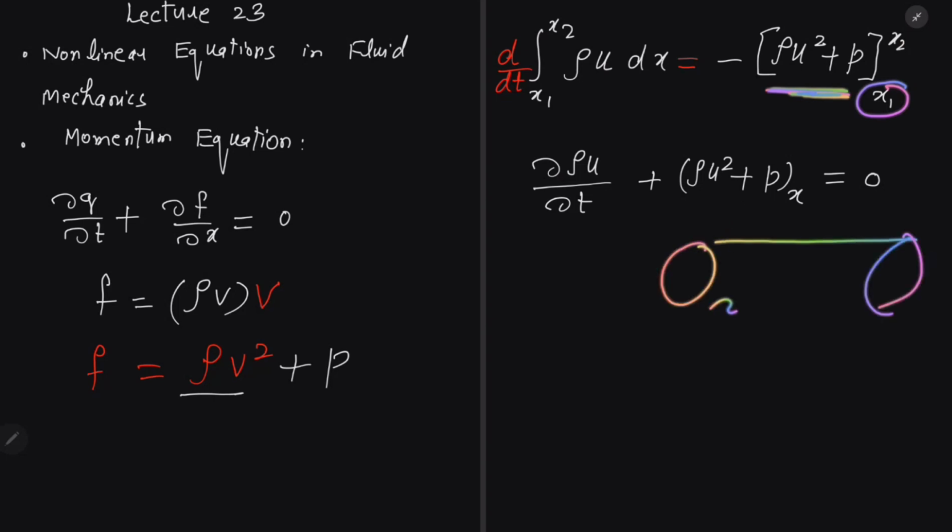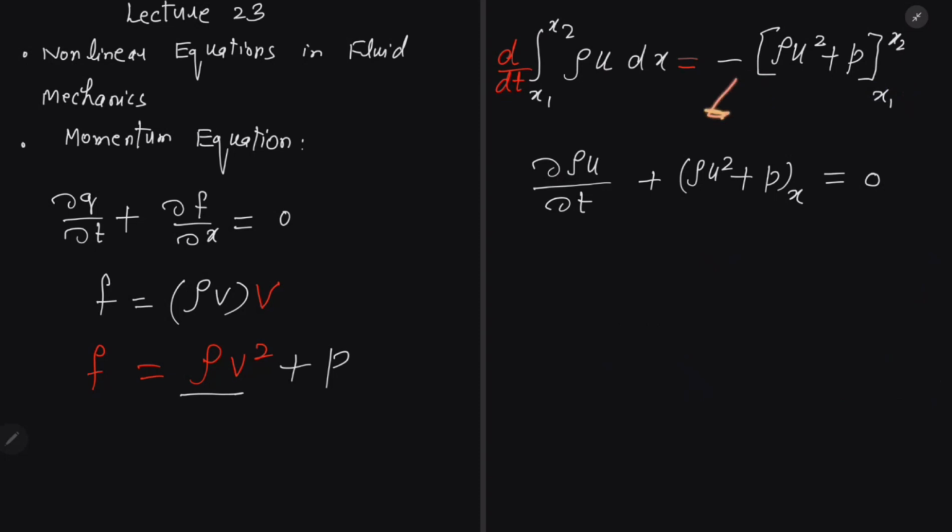For example, we have rho u square plus p at x1, then rho u square plus p at x2. When we solve it, we get the answer.